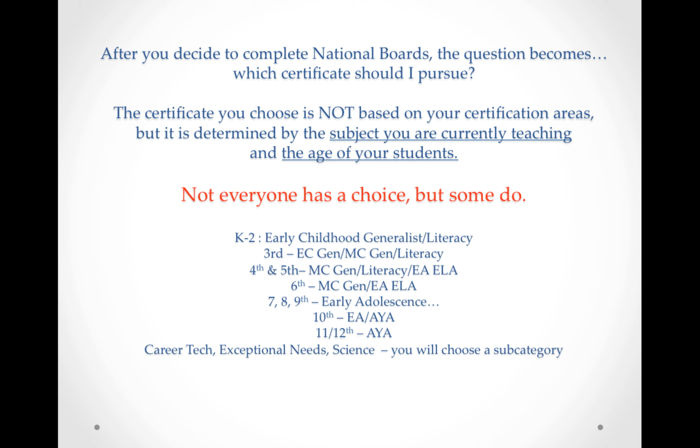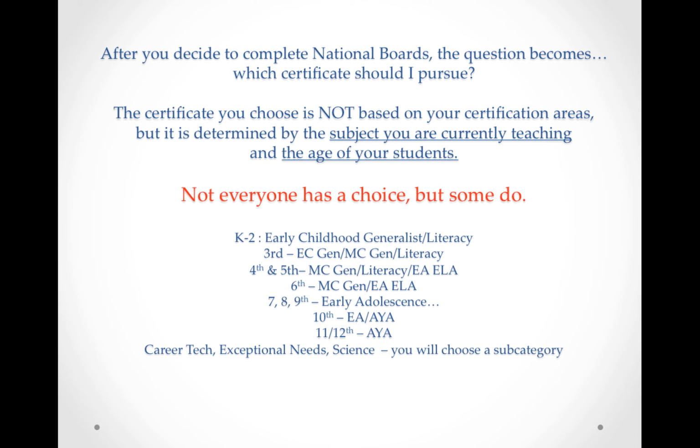4th and 5th grade, you have the option between middle childhood generalist literacy and early adolescence ELA. And I did not put early adolescence math in there. And lots of times in 4th, 5th and 6th grade, teachers team teach.